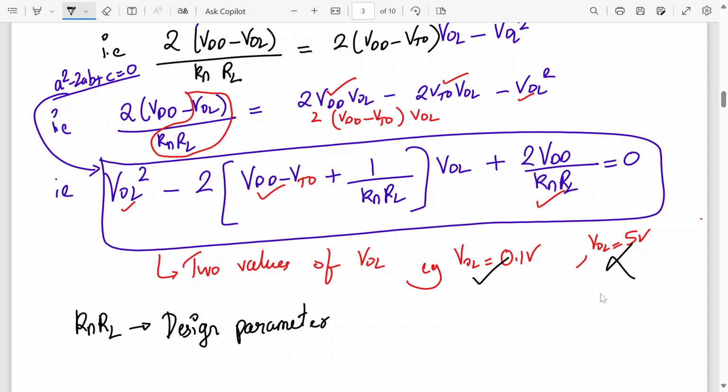So the Kn into RL term is a design parameter that will determine the value of VOL. So this will help find the value of VOL numerically. Okay, so solve this quadratic equation and find out the value of VOL. So this is the way it has to be done. Understood this technique?